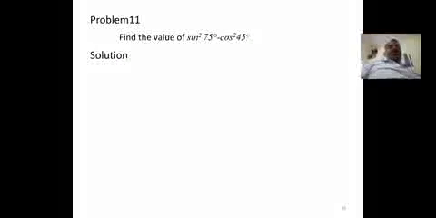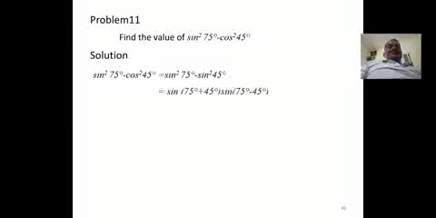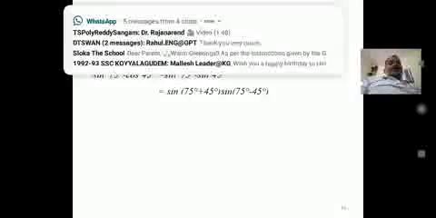So I want to write this cos square 45 as sine square 45. Then again the same formula, the previous formula, that is sine of a plus b into sine of a minus b, you can write it as sine 75 plus 45 into sine 75 minus 45.